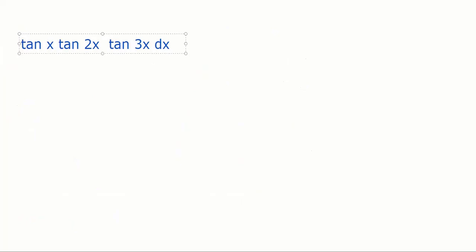The problem here is there are 3 functions in multiplication, guys. That's why it becomes so difficult. But there is something in trigonometry which may help. अगर tan 3x को tan of x plus 2x कर दें.